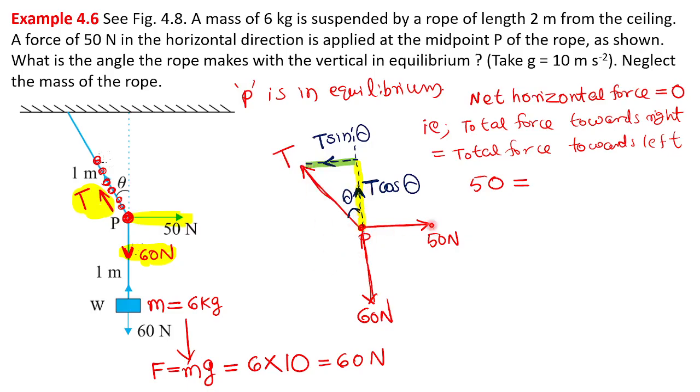So 50 Newton towards right, and some force towards left. T sin theta is the horizontal force toward left. So total force towards right will be equal to total force towards left. Then horizontal equilibrium: the total force towards left is T sin theta, because T sin theta acts towards left.